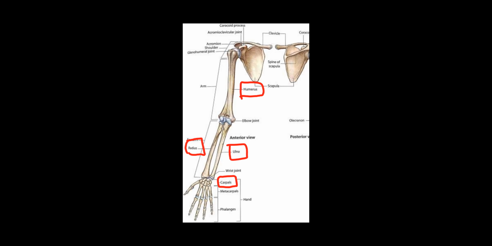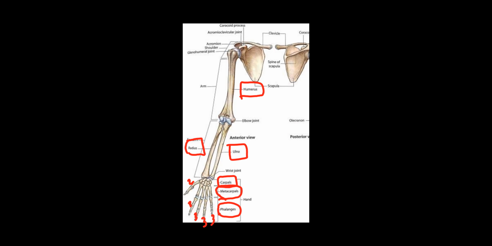The extended, thin long bones are metacarpals. Next, in the thumb and fingers, the small little bones are called phalanges: 2 in the thumb and 3 in each finger. 2, 3, 3, 3, 3.